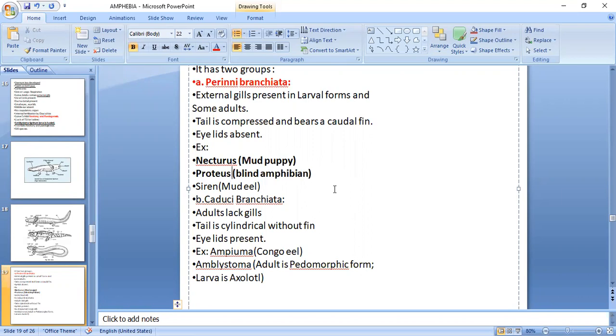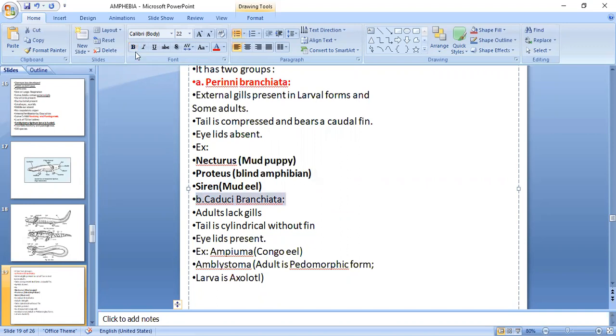The eyes become non-functional, so these are known as blind amphibians. Apodans are blind worms. Proteus is an important animal in the evolution of Darwin's theory. Then Siren is another animal. Its common name is mud eel. So that is about the Perennibranchiata.